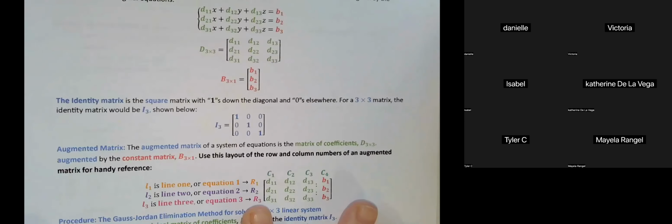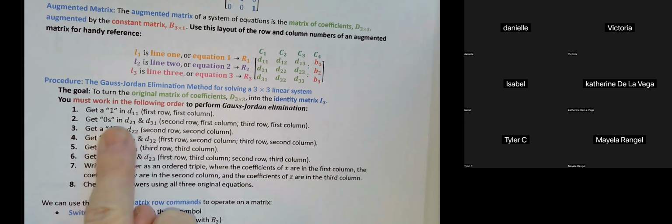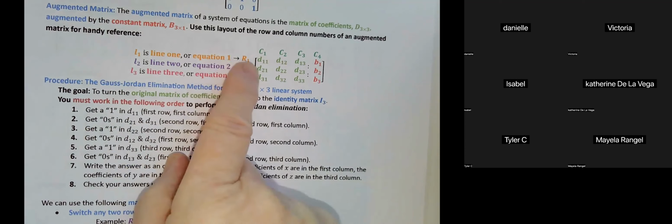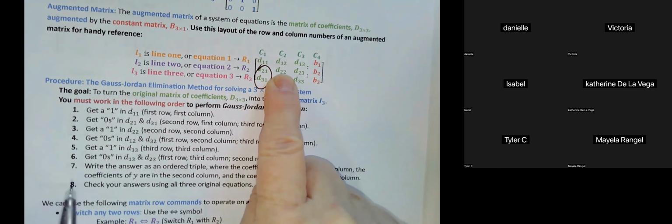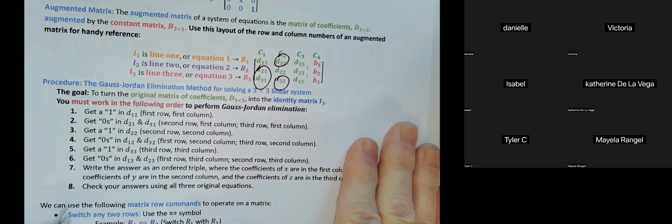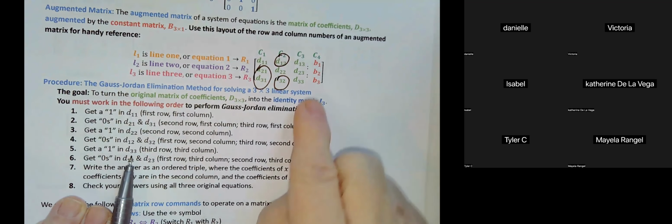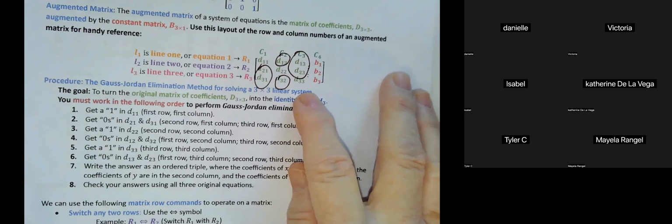Our goal is to get 1s down the diagonal and 0s everywhere else. And that means we're going to go in this order. We're going to get a 1 in D11 and then 0s in D21 and D31. Then we're going to get a 1 in D22 and 0s in D12 and D32. Then we're going to get a 1 in D33 and 0s in D13 and D23.